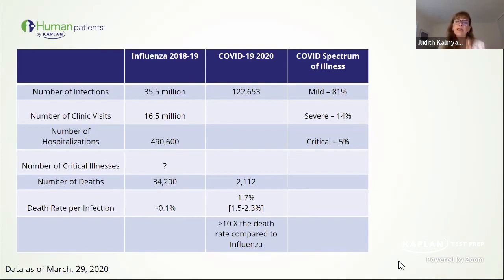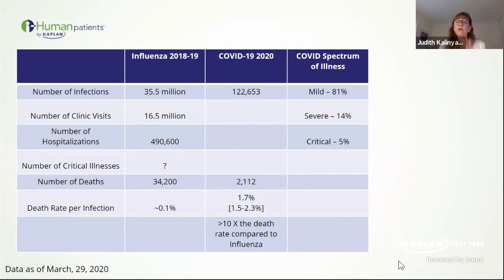So if we had 35 million individuals with COVID-19, this death rate would be hundreds of thousands of people. And some of the thought is that the binding of the virus has a 10 times greater affinity to your epithelial cells in the respiratory tract than influenza.